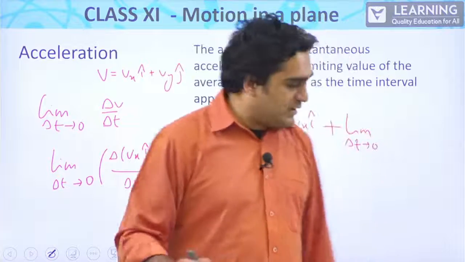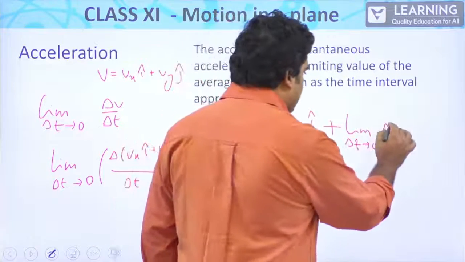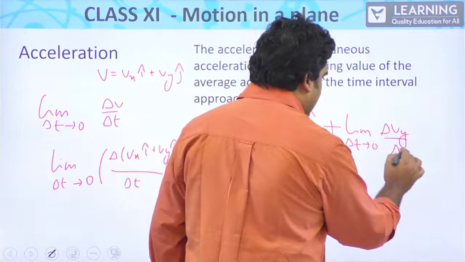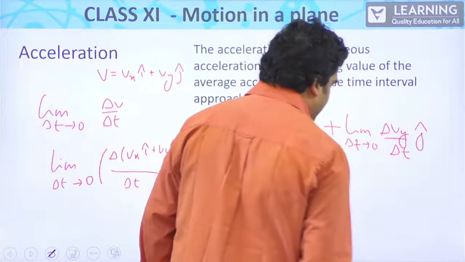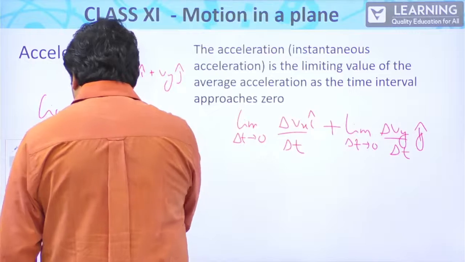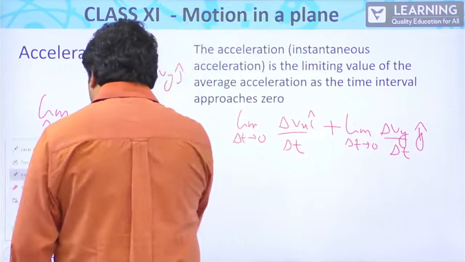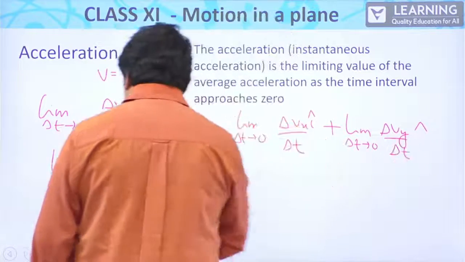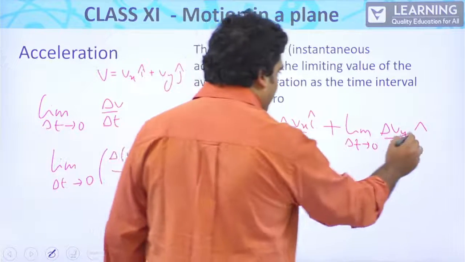Since it has the same LCM, delta vy divided by delta t j cap. So put that in i cap, j cap form.